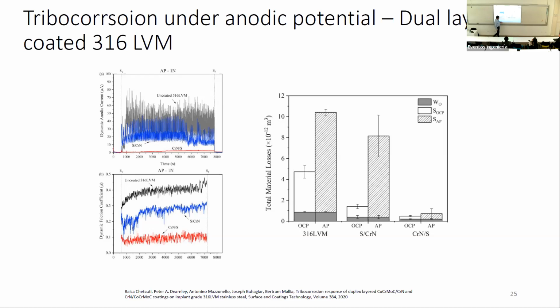And over here, we can see the total losses by this coating, chrome nitride S, I haven't mentioned this, are very satisfactory. So this coating-substrate combination deserves further investigation because it does at least show promise under these test conditions.